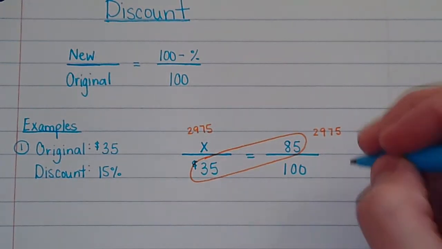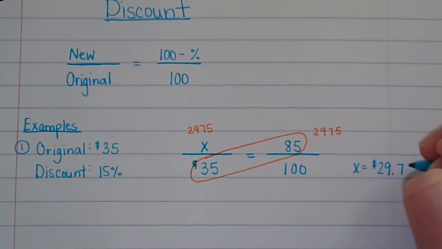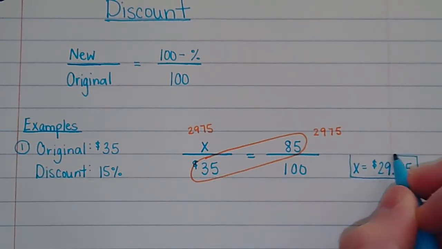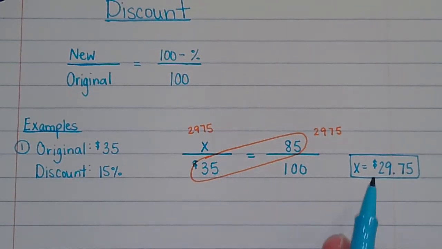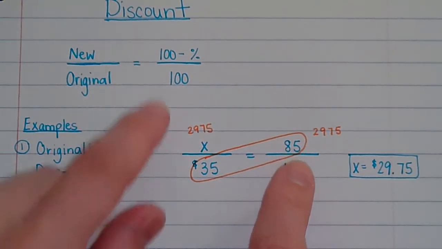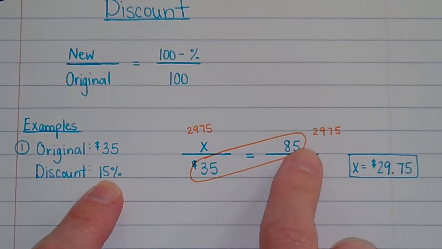So X equals 29.75. So my shirt originally cost $35, but with this discount, I'm only going to have to pay $29.75. Remember, I got this 85 because I did 100 minus the 15 right here to get this 85 right here.